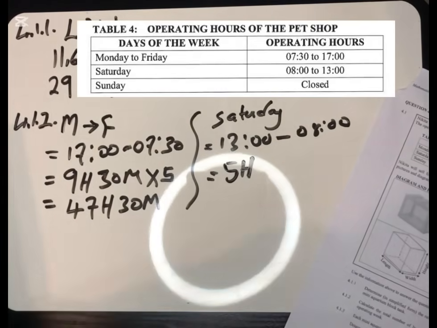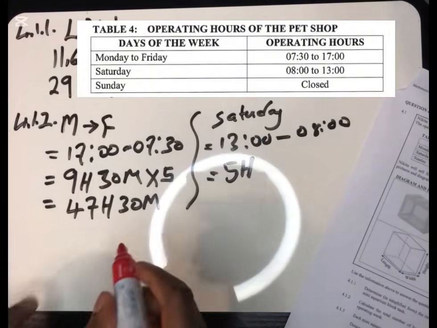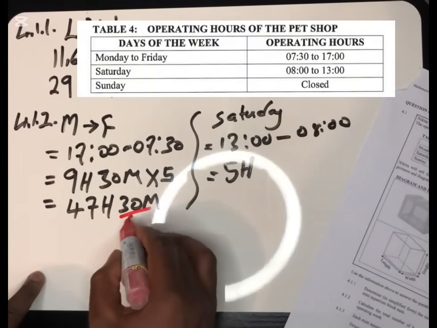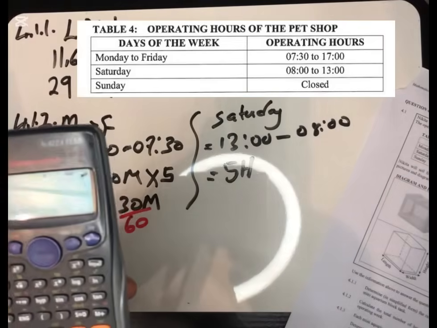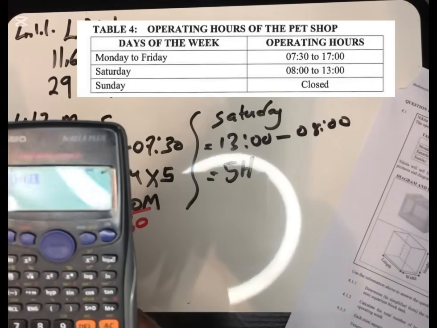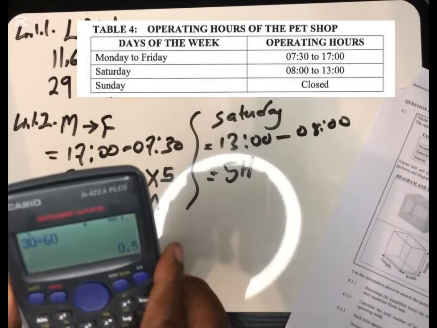Then the question is, determine the number of hours. They don't want minutes. They want us to determine the number of hours. So we can just divide the 30 here by 60 so that we convert it to hours also. 30 divided by 60 gives us 0.5.